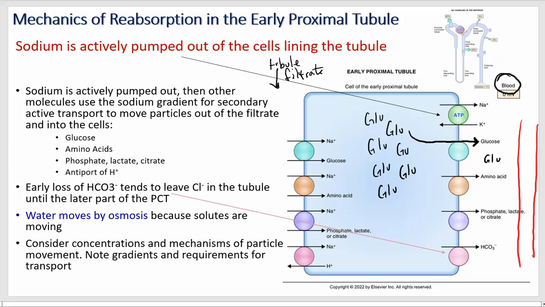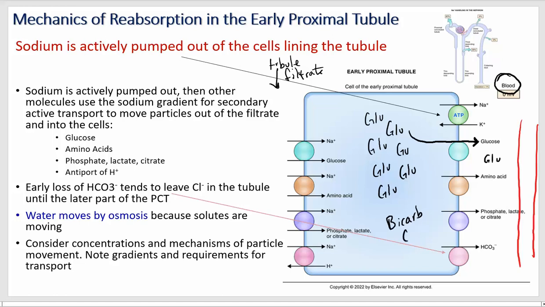So we have one other thing down here. We have bicarbonate. So we don't see a lot of chloride moving yet. It's not that important that's taking place, but if you look, most of these are positively charged. Not all of them necessarily, but we do have bicarbonate.